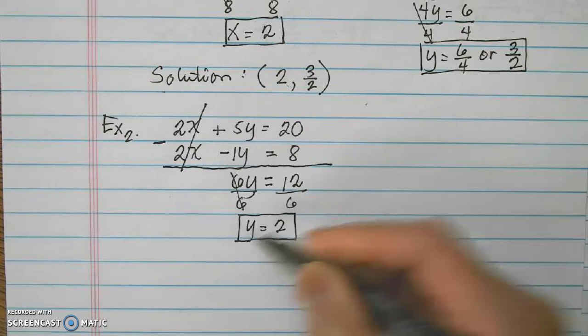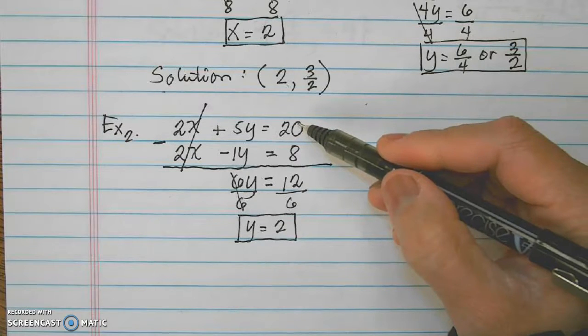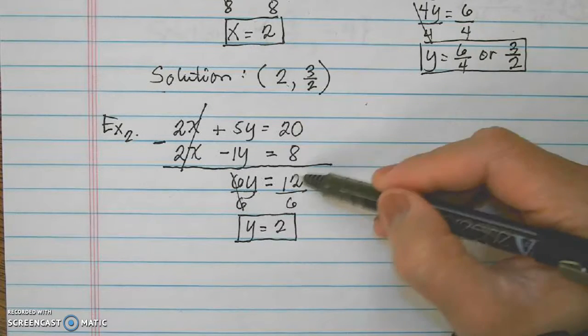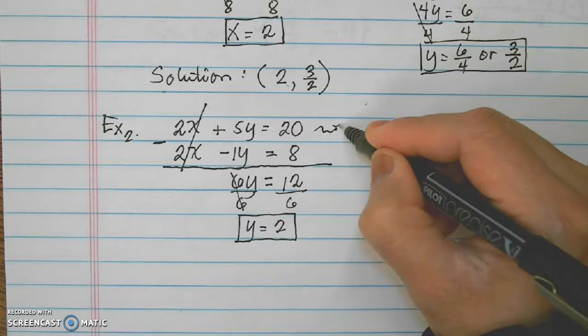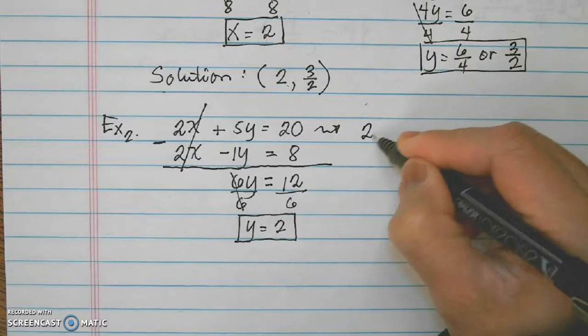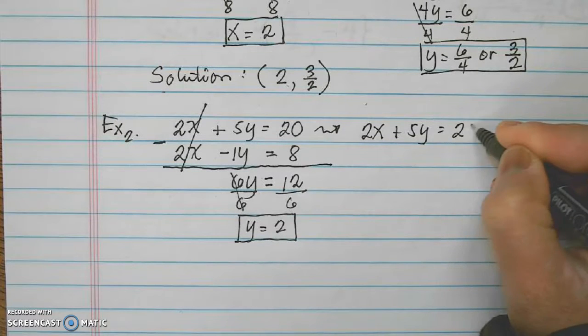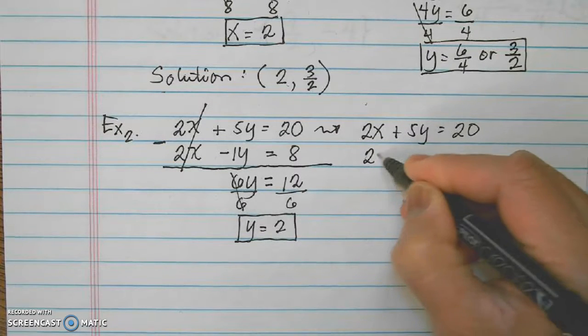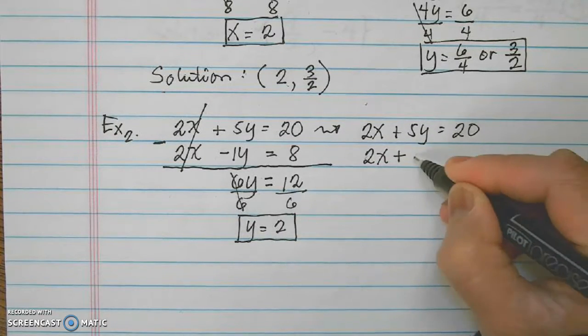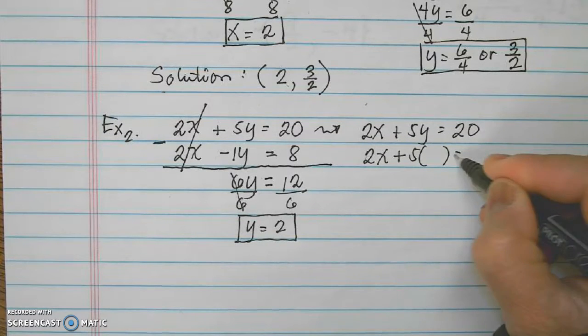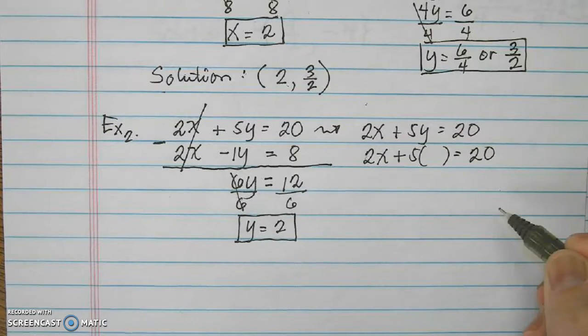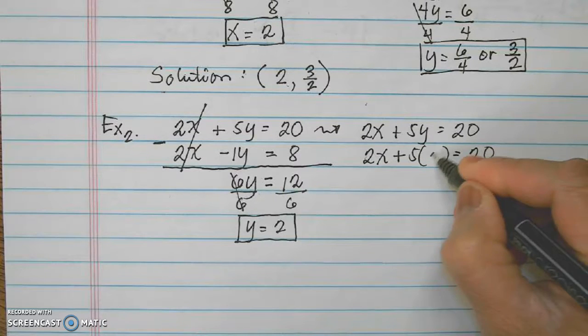Now you're going to use this to substitute for the y in any of these. I'm going to just use this one and copy this down. I am going to now substitute by making this a parenthesis, and then I will plug in later. The y is 2, so I will plug that in.